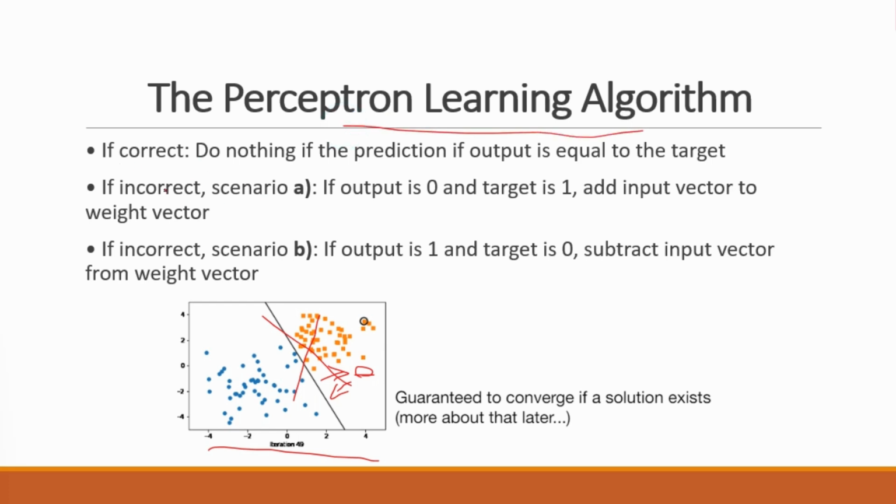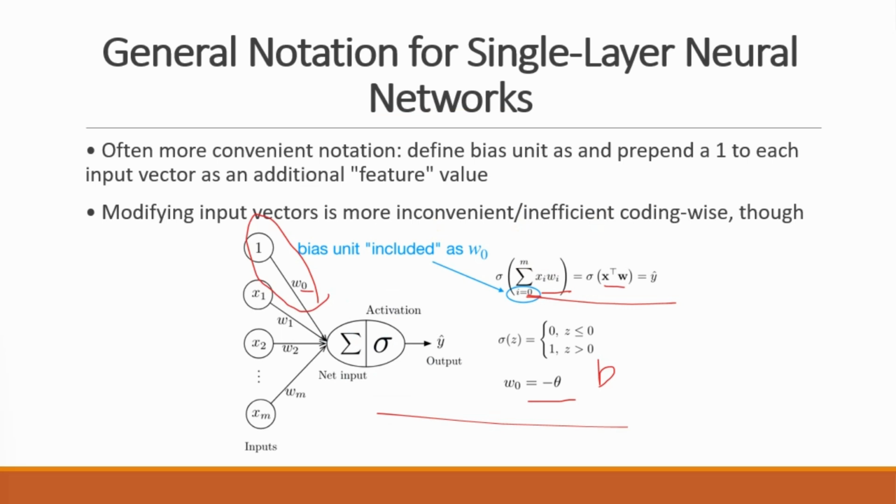So there are these three scenarios. The first scenario is if we make a correct prediction. By that I mean if the predicted label y hat is equal to the target label. For that we can also have two cases. If y hat is 1 and y is 1, or if the predicted label is 0 and the actual label is also 0, then we are correct.